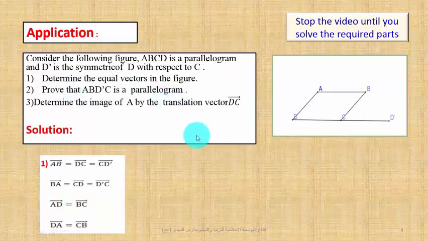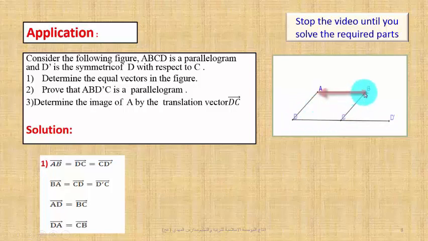1. Equal vectors. Look here for vectors AB, DC, CD prime. These three vectors have the same direction, they are parallel, the same sense from A to B, from D to C, from C to D prime, and the same magnitude.